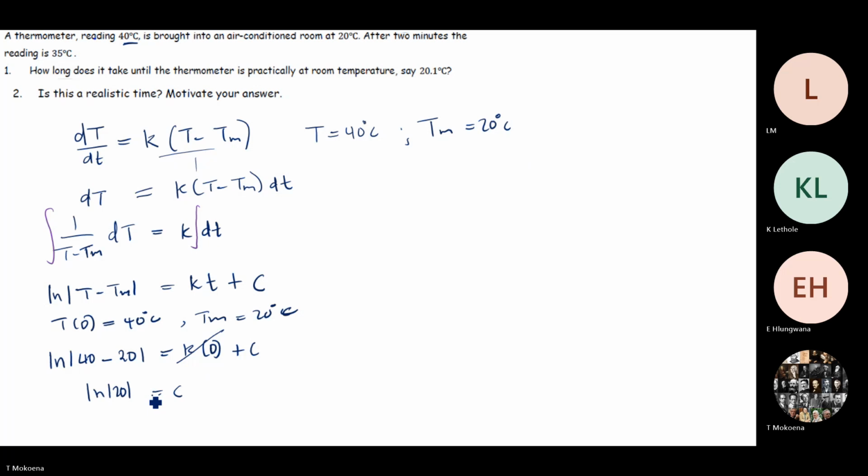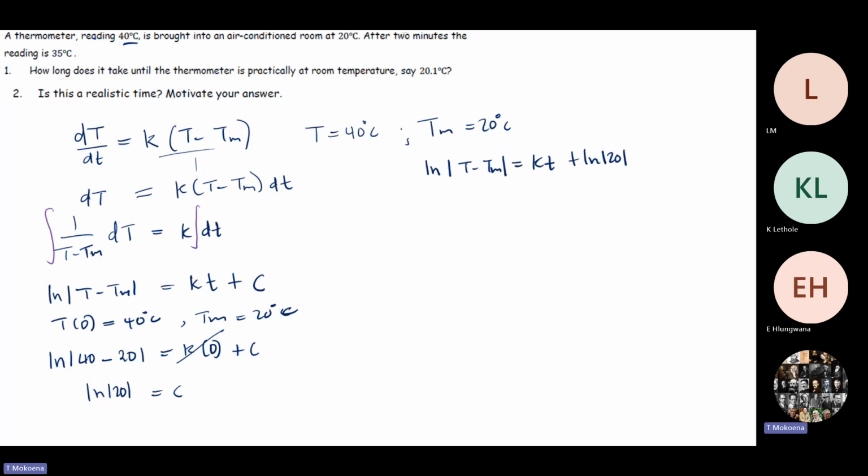Now, what are we going to do? We go back to this equation, we substitute. So we have ln of T minus Tm equals k multiplied by t, and then our c will be ln of 20. Now we need to solve for k.